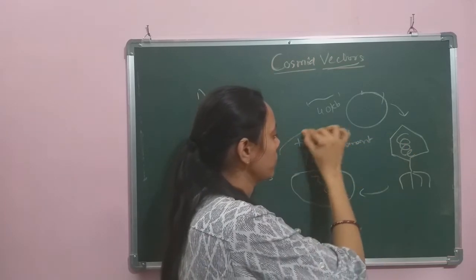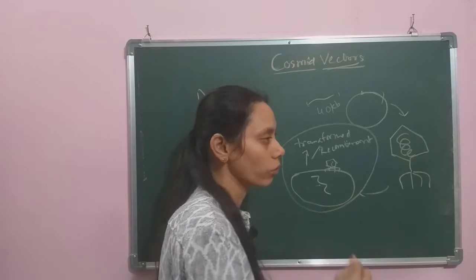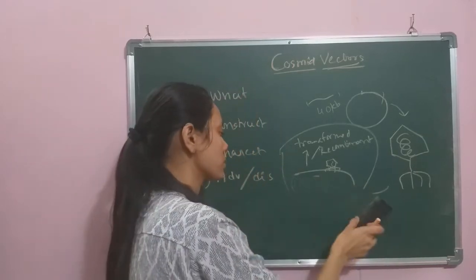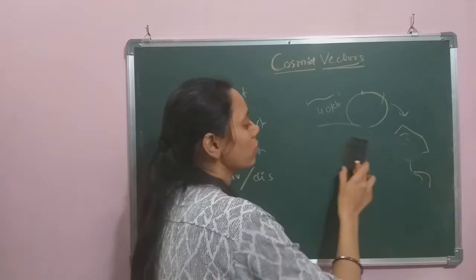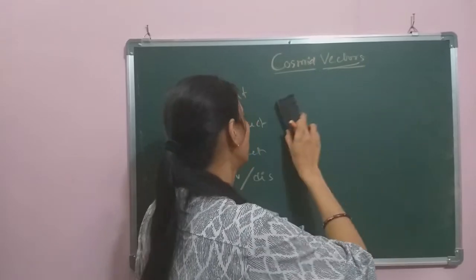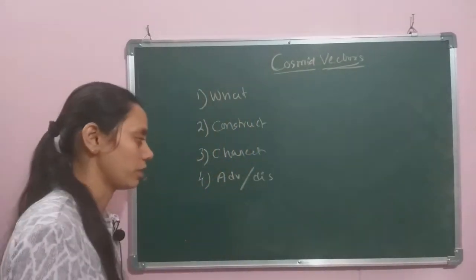Recombinant bacteria will be selected and cloned. So that is how the cosmid vectors will be used in recombinant DNA technology.